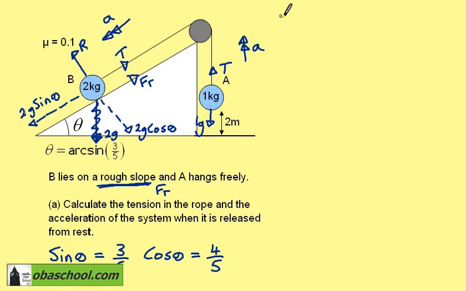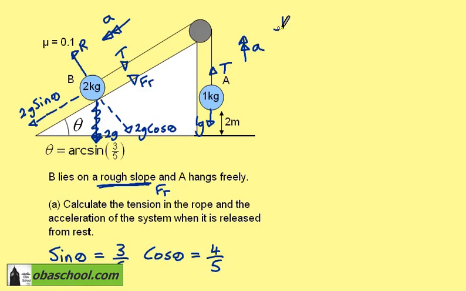Note that it doesn't matter if we got these directions wrong. We'd just get negative answers. If a comes out to be negative, we know that it's in the opposite direction to the way we drew it on the diagram.